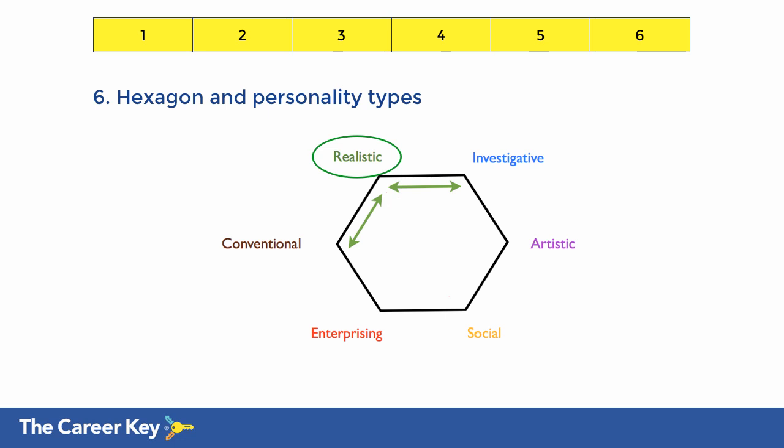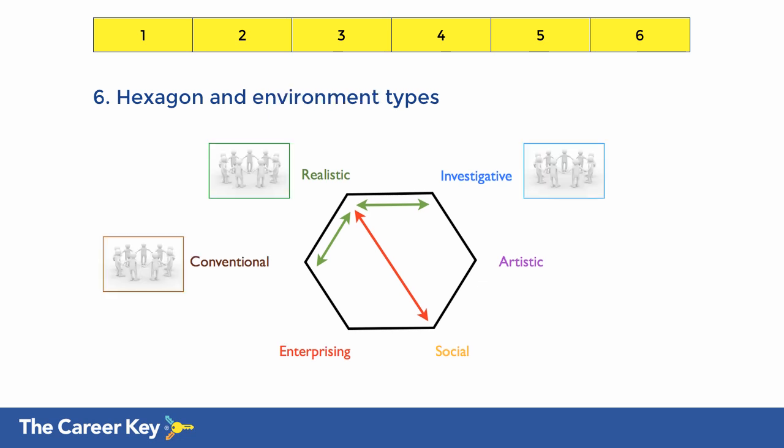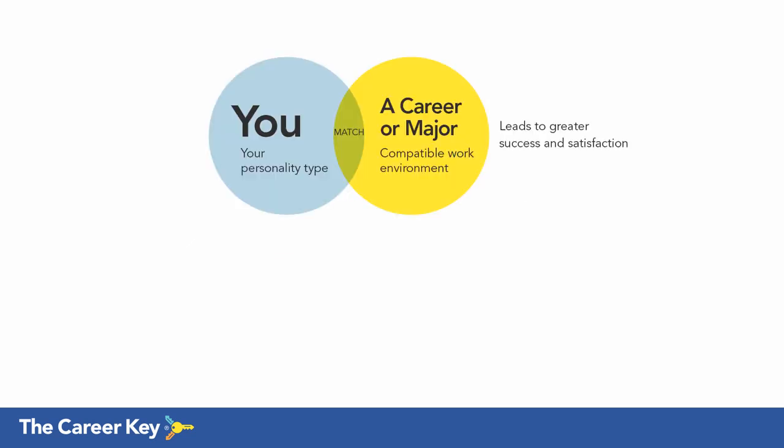If you're a realistic type, for example, you're going to have more in common with people who are investigative and conventional than those who are social. The hexagon also shows how the environments are related to each other. A realistic environment, for example, is closer and more like an investigative or conventional environment than a social one.